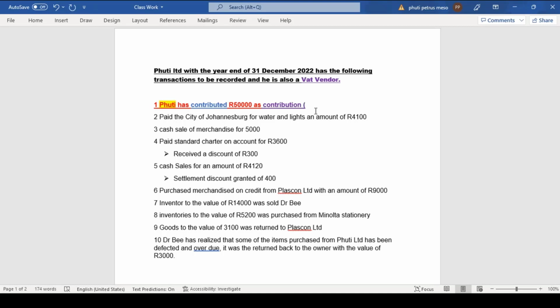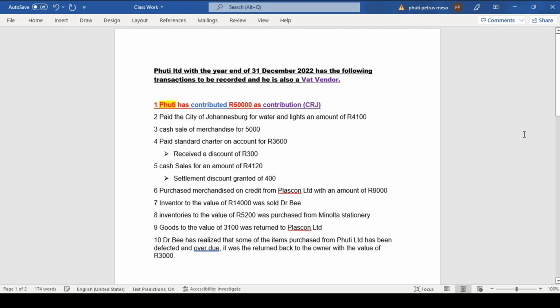In terms of the journal, I'm asking you now, where do you think this would go? In terms of the subsidiary books, where do you think this transaction would be affected? Can I say cash receipt journal? The CRJ, right? Thank you. Then this is what you just do. As soon as you've identified that, you just put it in the brackets, and then you come to the second one.